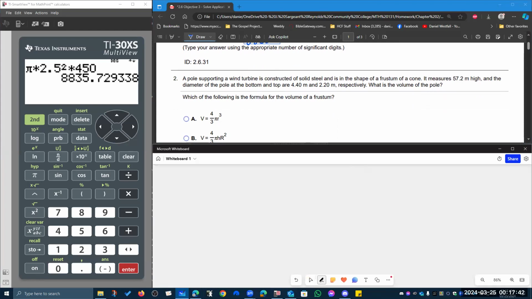A pole supporting a wind turbine is, let me see if I can draw this to the best of my ability. It's kind of like this.